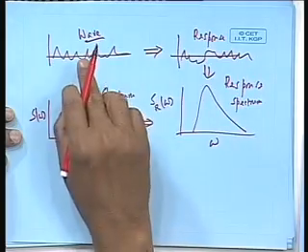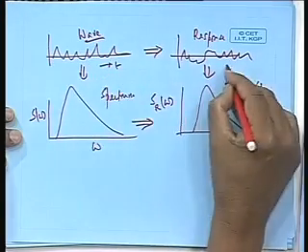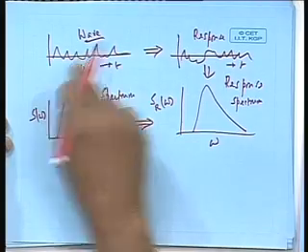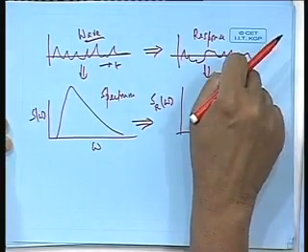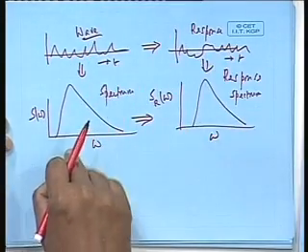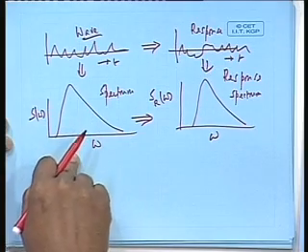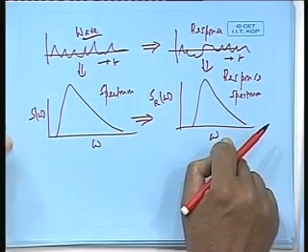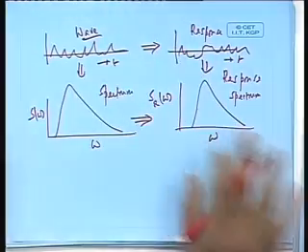Remember one thing, this is time, this is time. So what we are calling, given a time domain input of wave, find out time domain output of response, is the same as given a frequency domain input of waves, find out frequency domain output of spectrum. This is the kind of picture that we are looking at.